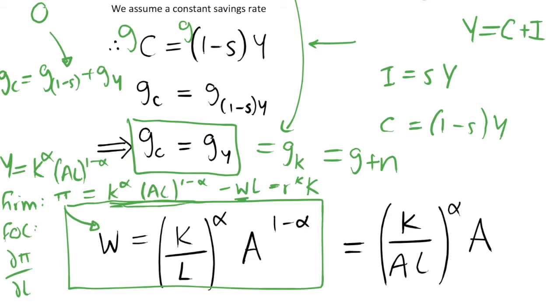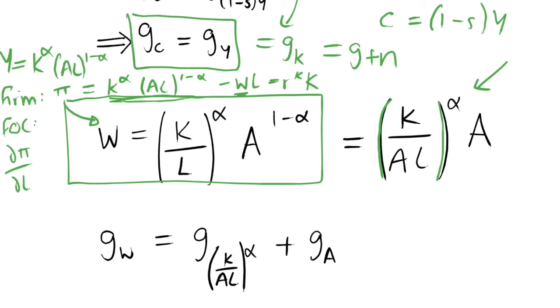We can rewrite this by moving the A into the bracket so that we get this K over AL term in brackets, and we know that this grows at a constant rate. So we're doing something very similar again, rearranging to get K over AL, and we can take growth rate rules. The growth rate of W is equal to, by the rules of logarithms, since these two are multiplied together, we can just add them together.